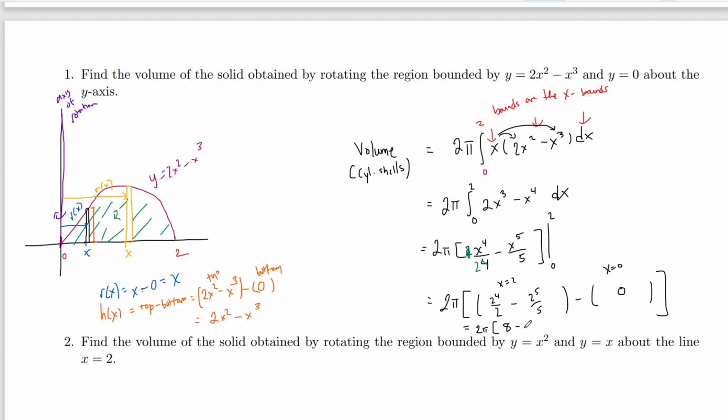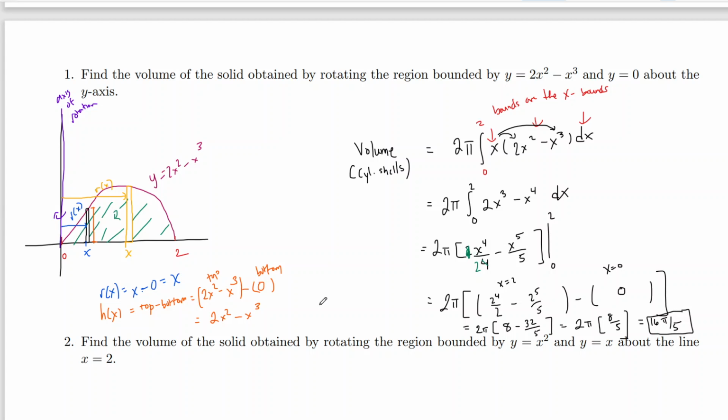Minus 2 to the fifth is 32 over 5. And 8 is 40 over 5. So 40 minus 32 is 8. And we get 2 pi times 8 over 5 on the inside. We don't have a pi there; the pi's on the outside, and I already included that. So it's just 8 over 5 because this was 40 over 5. 40 minus 32 is 8. And then when we distribute that, we get 16 pi over 5.